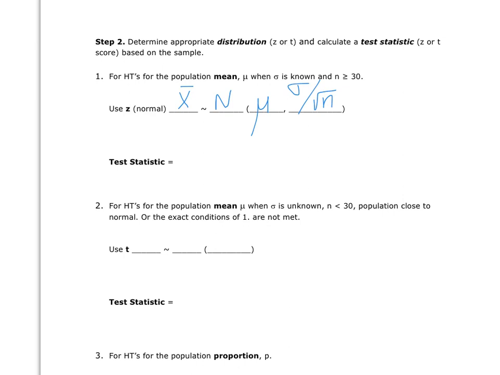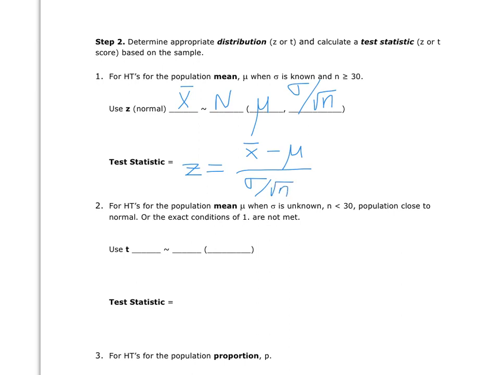Okay, now the test statistic, this sounds more complicated than it is. It is just the Z value. So we take X bar, we subtract mu, and we divide by sigma over square root n.